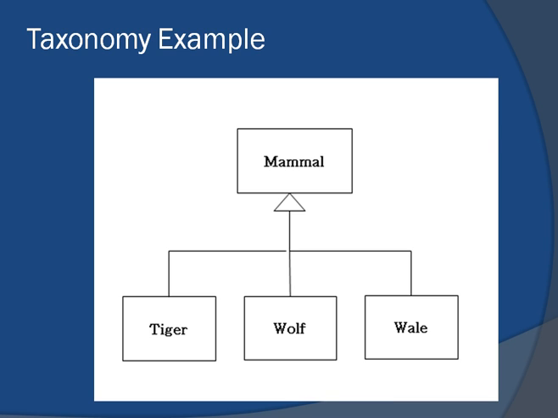Further, we are taking a taxonomy example as mammal. If we look at tiger, tiger is also a mammal, wolf is also a mammal, and whale is also a mammal. But they do have different characteristics. So they become the derived classes, whereas the common features are categorized under the base class or superclass mammal here.